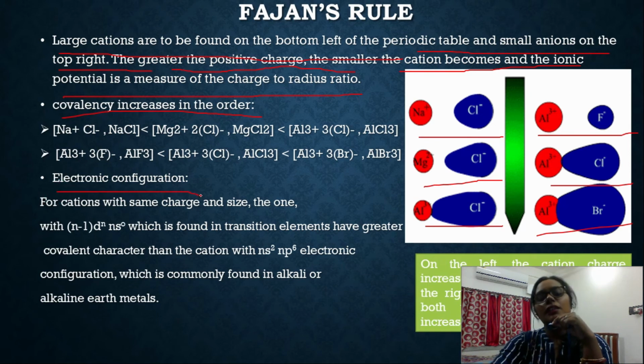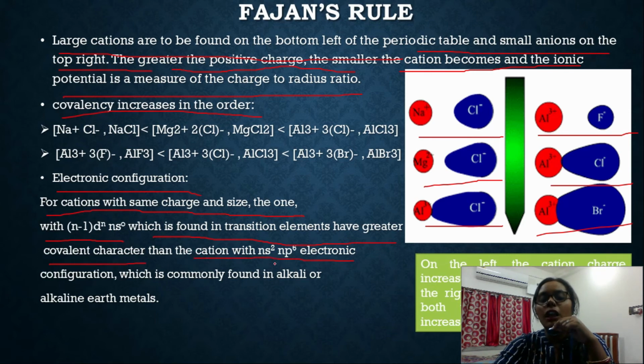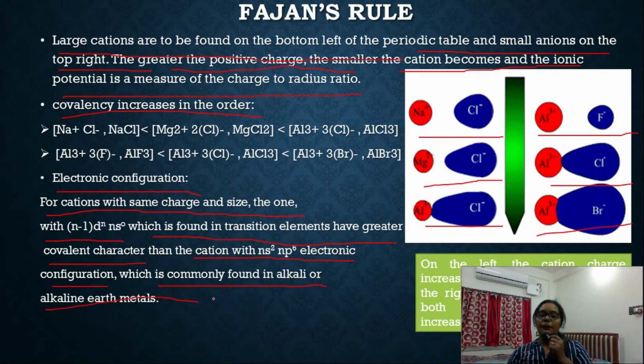And lastly, according to Fajans' rule, for cations with the same charge and size, those with the (n-1)d^n ns^0 electronic configuration, which is found in transition elements, have greater covalent character than cations with the ns2 np6 electronic configuration, which is commonly found in alkali or alkaline earth metals. The covalent character also depends on the electronic configuration of the cation.